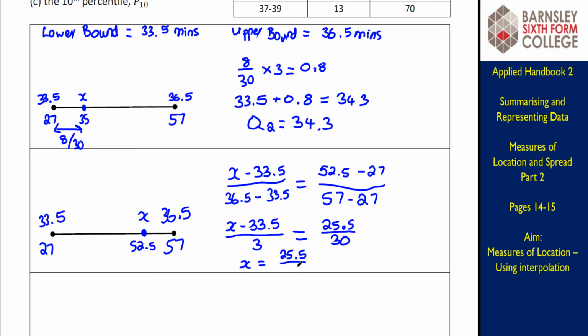So it's up to you how many steps you want to take. You might just want to sub this all in your calculator and rearrange right away. Whichever way you do it, we should get Q3, the upper quartile. This should come out to be 36.05. Okay, I'll just check that fitted on the screen there.